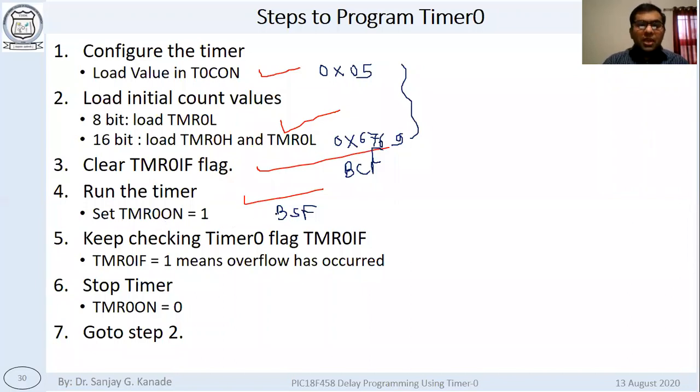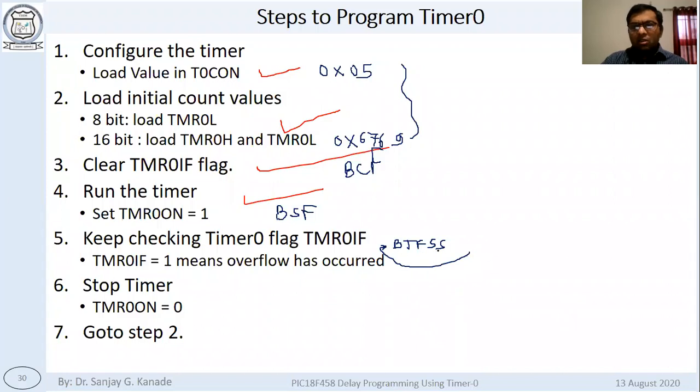So we have used BSF, bit set F, right? Keep checking the flag. For this we have used BTFSS. And what we said, keep checking. So we will keep doing the same thing again and again. That's what we had done, right?